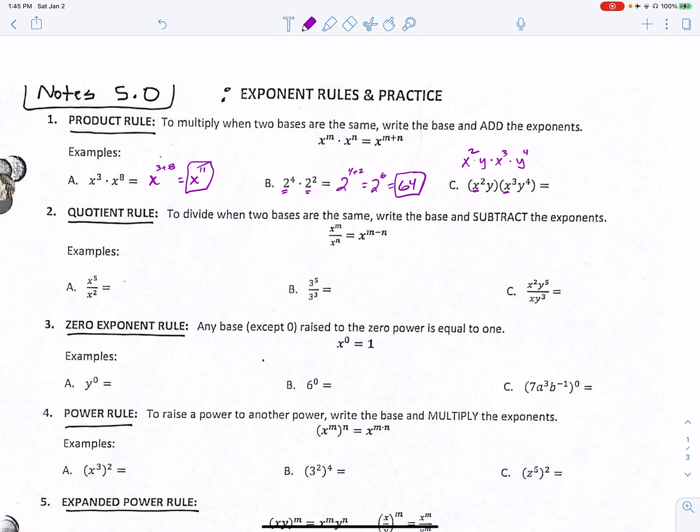You can change up the order on those, and you can multiply the x's first. x squared times x cubed, you add the exponents, and then multiply the y's: y to the first times y to the fourth, so you get y to the 1 plus 4. You end up with x to the 5th, y to the 5th. You can leave it just like that. So with like bases, you add exponents.